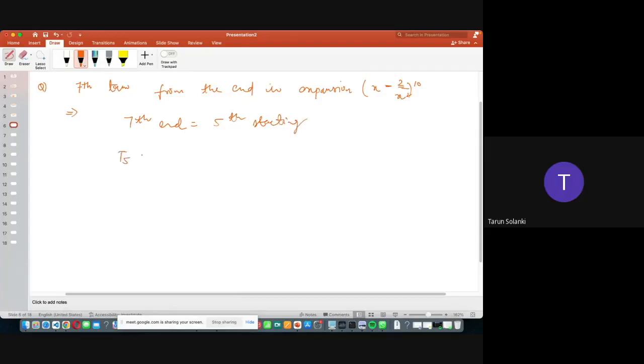So that is T5, which will become 10C4 x^6 (-2/x²)^4, which is 10C4 into 2^4 into (1/x²)^4.